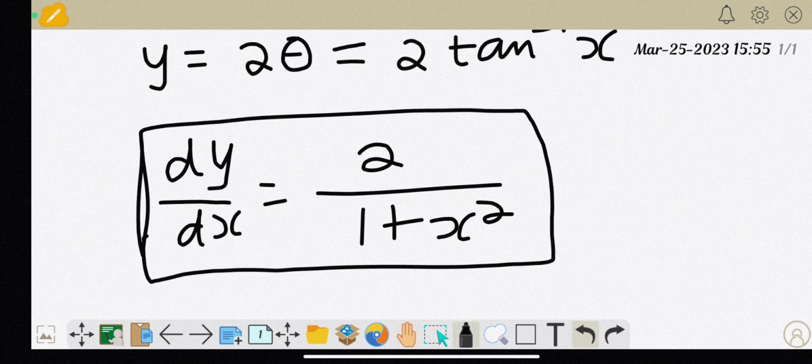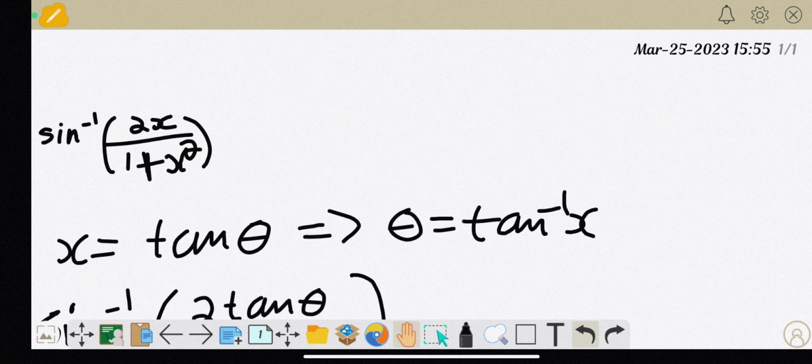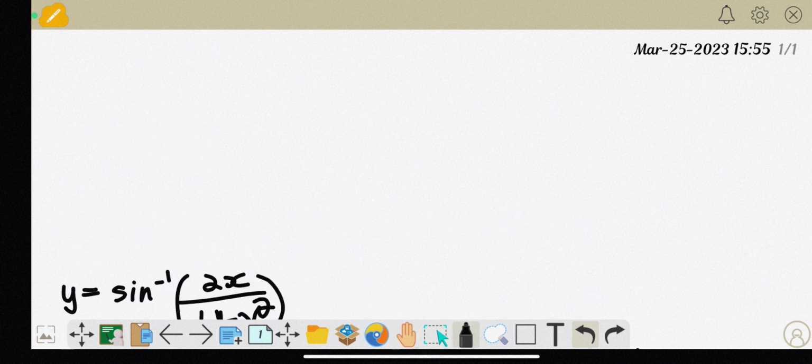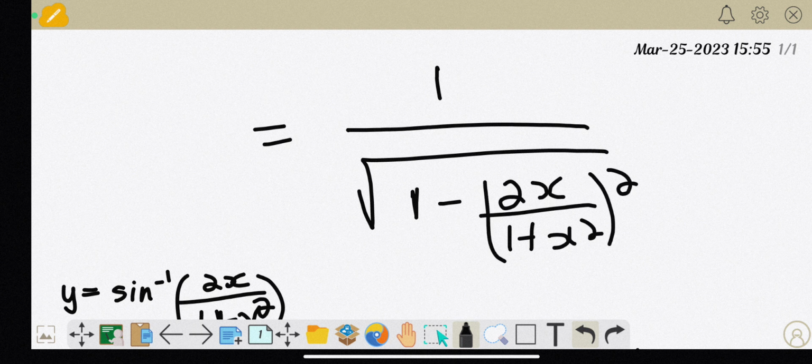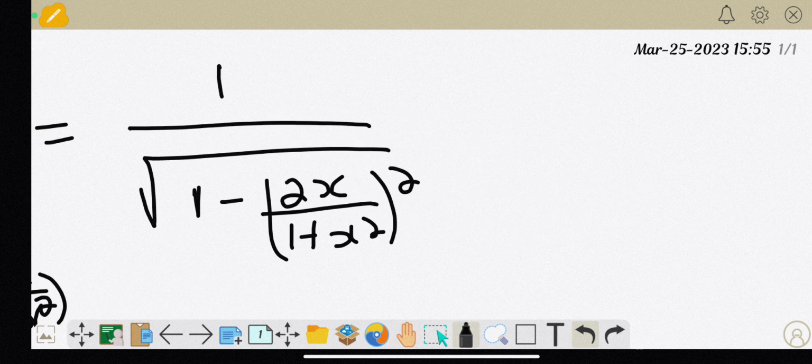Okay. So if you do it the other way, which I told you, wherever you have this whole square, then quotient rule.